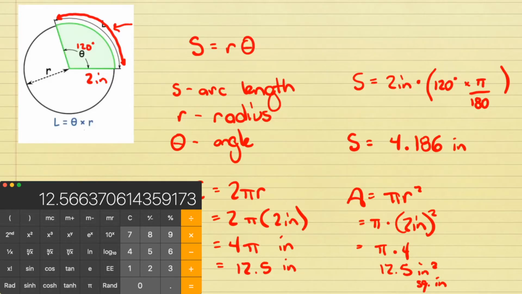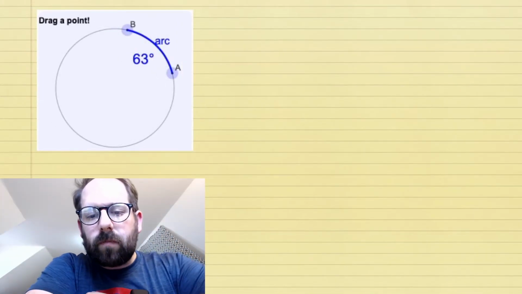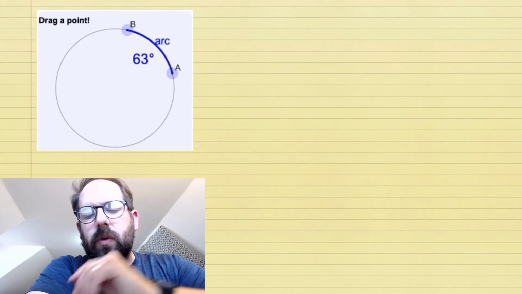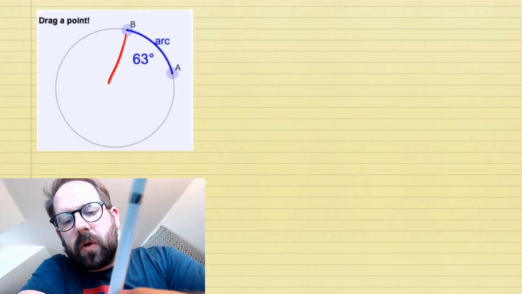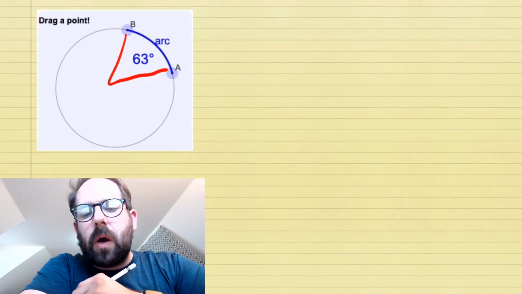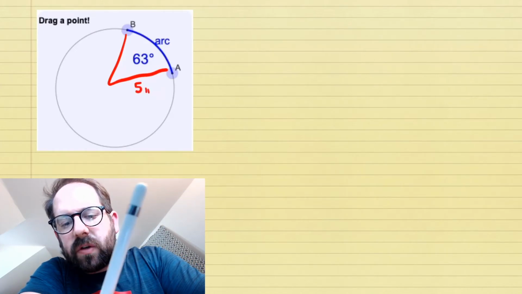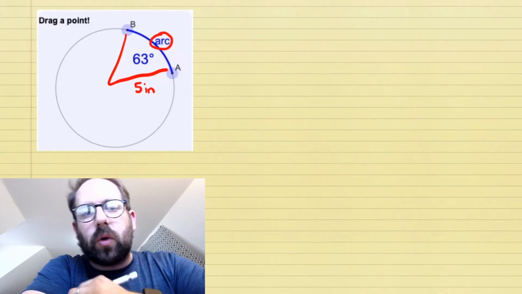Let's jump right into our last slide here. So what we've been looking at here, let me go right back to the video feed of me. This slide that you're looking at in front of you is a slide that we used last week. So if your central angle was 63 degrees, and I told you your radius was, let's say 5 inches here, then I can figure out the actual length of this arc.